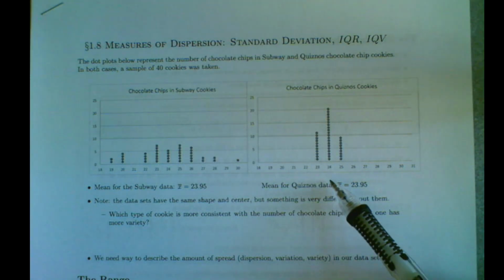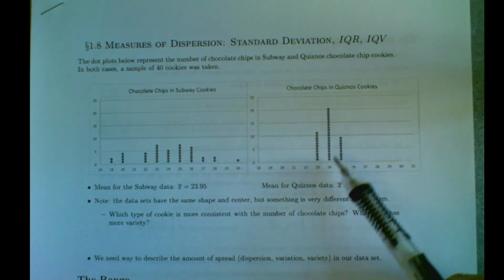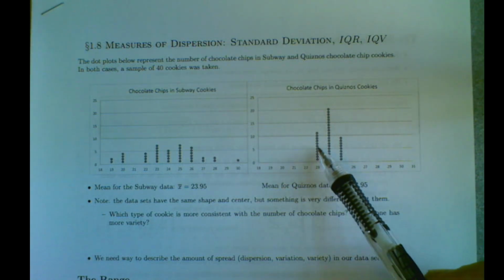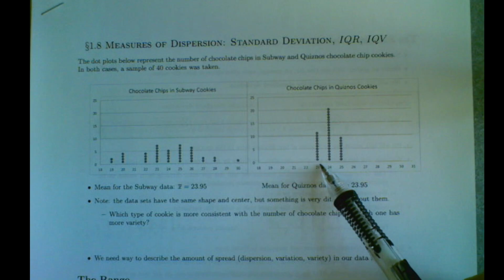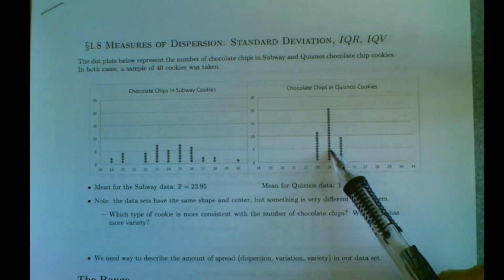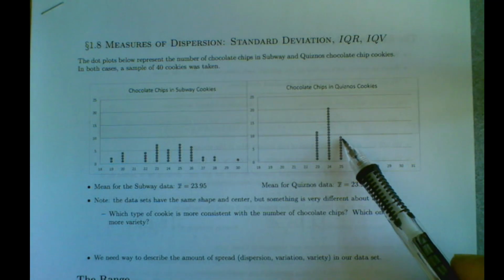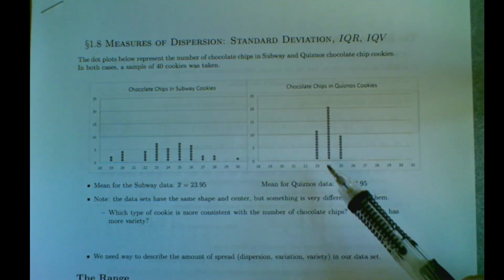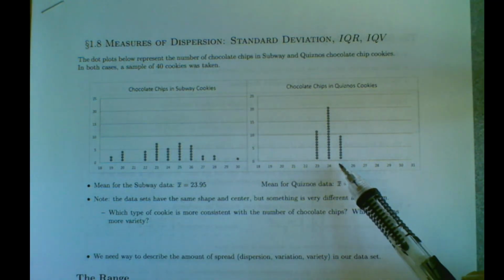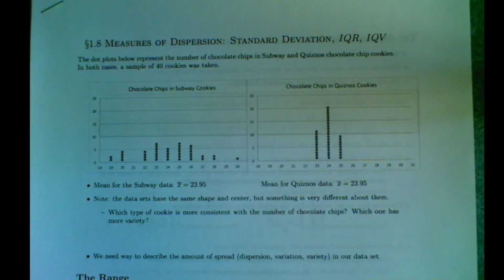So just to make sense of this, looking at the Quiznos data, we had 11 cookies that each had 23 chocolate chips in them, 24 cookies that each had 20 chocolate chips in them, and 9 cookies that each had 25 chocolate chips in them. That's remarkably consistent. Every cookie had 23, 24, or 25 chocolate chips.